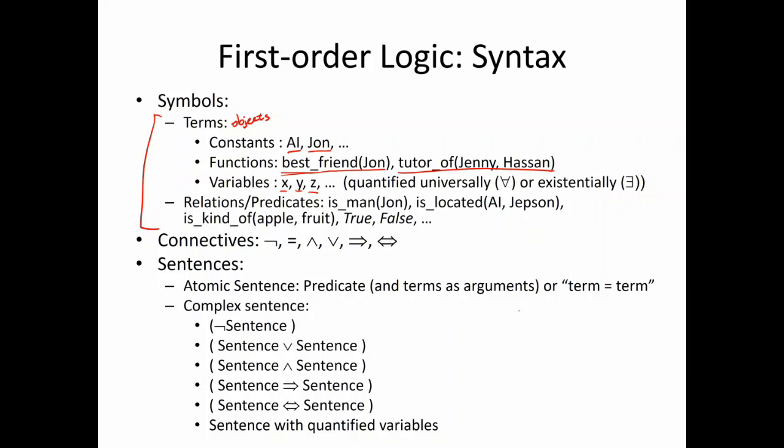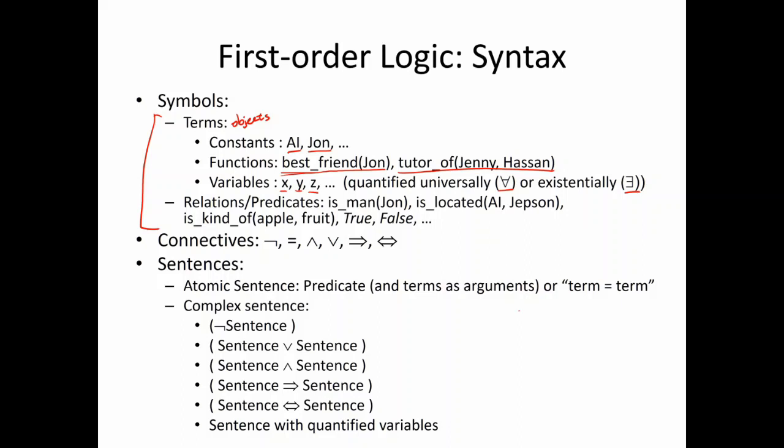In first-order logic, variables are used with the universal quantifier or the existential quantifier. In general, if you don't put any quantifiers, it's assumed that you're using the universal quantifier, but it's always a good practice to specify which quantifier you're using.